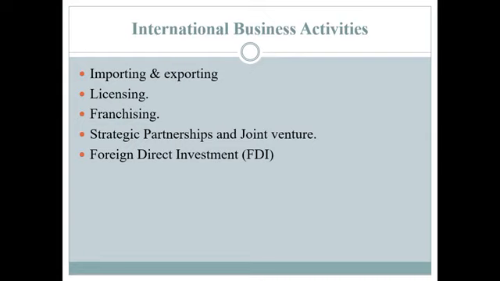The resources will be pooled for mutual advantage and put the companies in a win-win situation. Now what is a strategic partnership and what is a joint venture? Two or more companies come together, join together, and follow the principle of cooperation. They work jointly so that they will have mutual gain or mutual benefit.